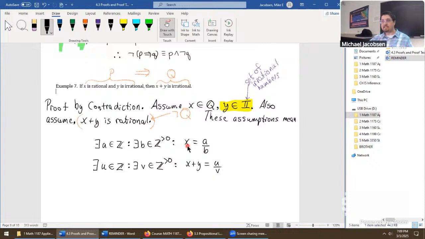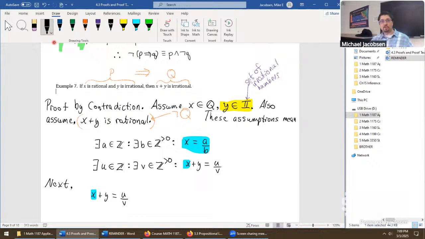Notice that we have X. We also have X plus Y over here. They're both equations, but in this equation, you could just simply substitute in X right in that spot. If we did that, we may get a contradiction. So let's try it out. Let's say, next, I don't know what's happening, so I'll just start by saying next. This is what happens next. Take X plus Y equals U over V.